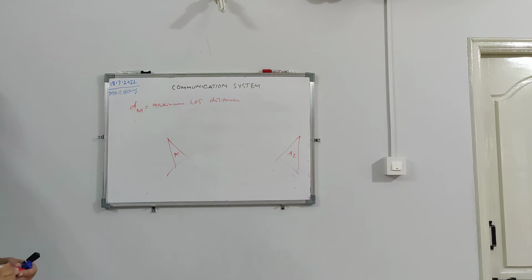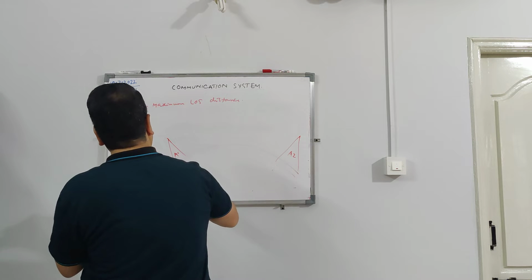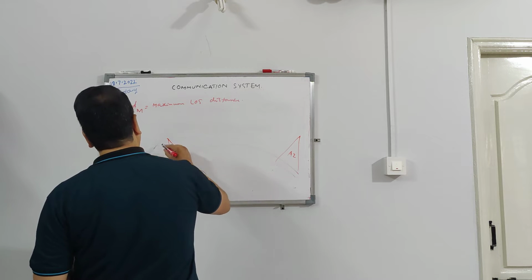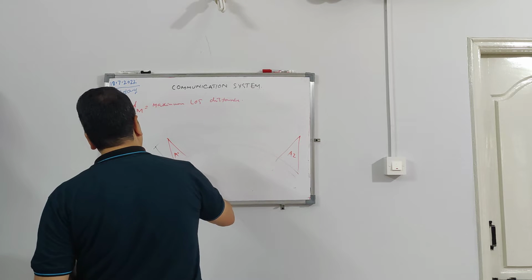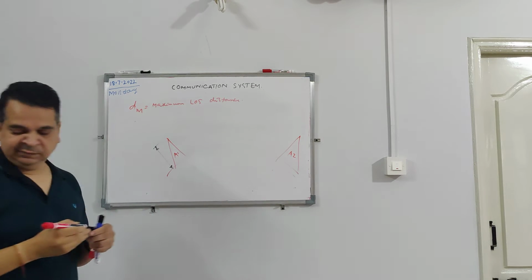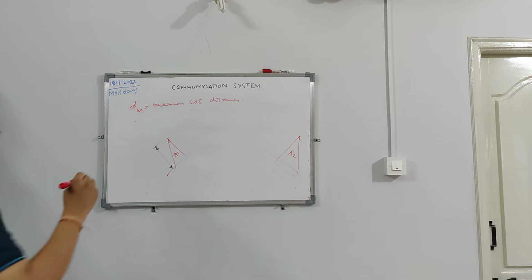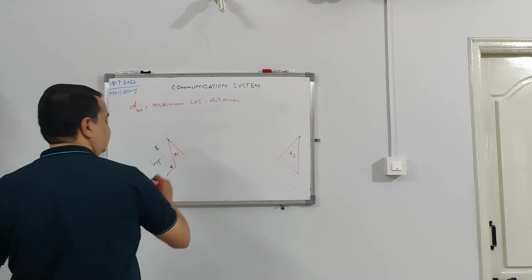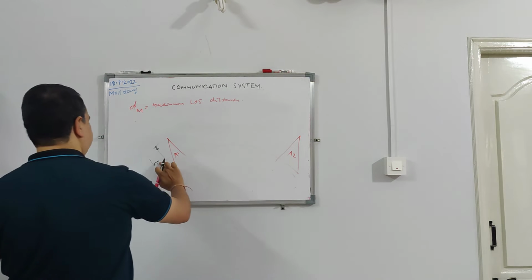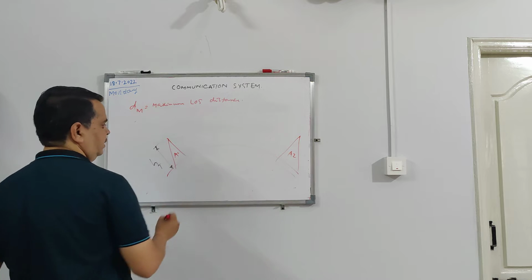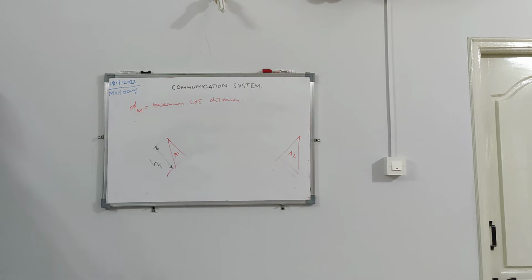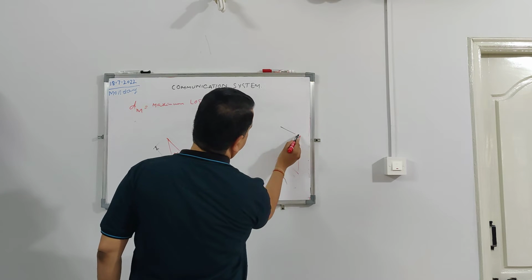Let us say the height of the transmitting antenna is HT. The height of the antenna is HT, and on the receiving side, let us say it is HR.